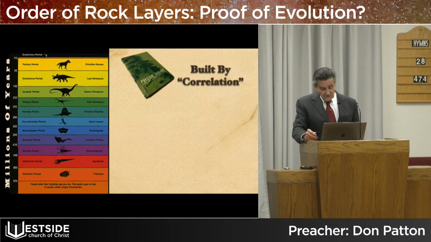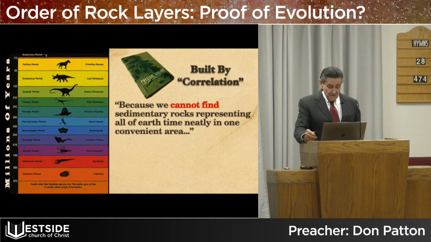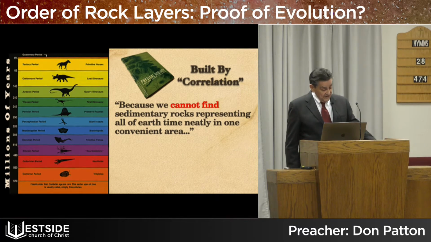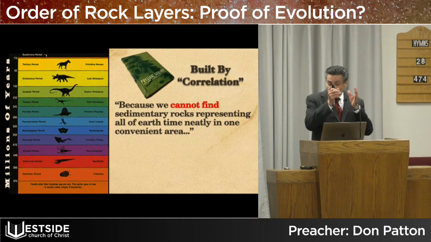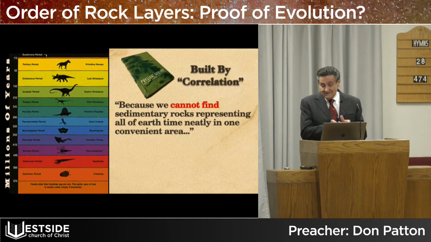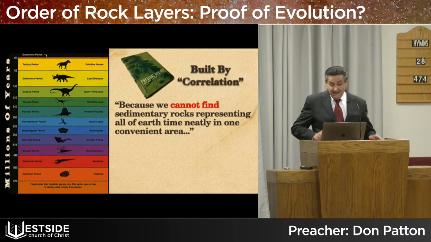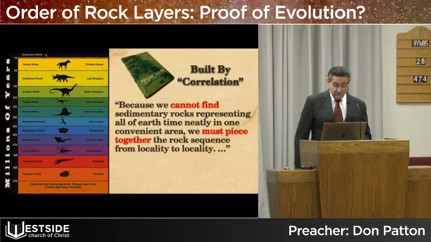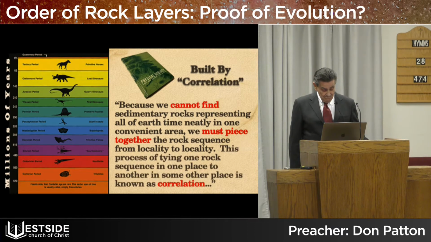Consider the description by Leet and Judson's Physical Geology. Because we cannot find sedimentary rocks representing all of Earth time neatly in one convenient area, which is, of course, what this column represents, we must piece together the rock sequence from locality to locality.